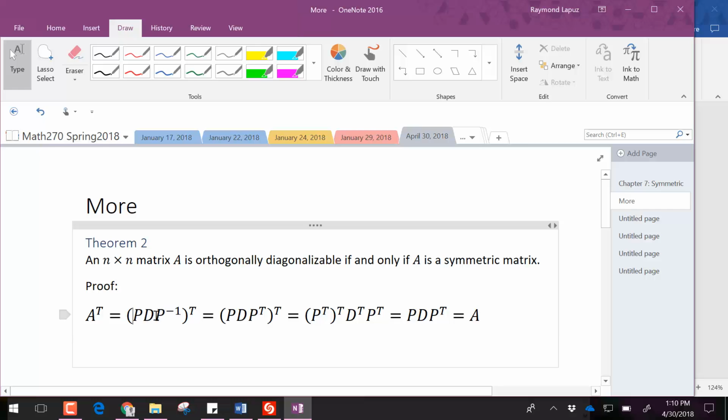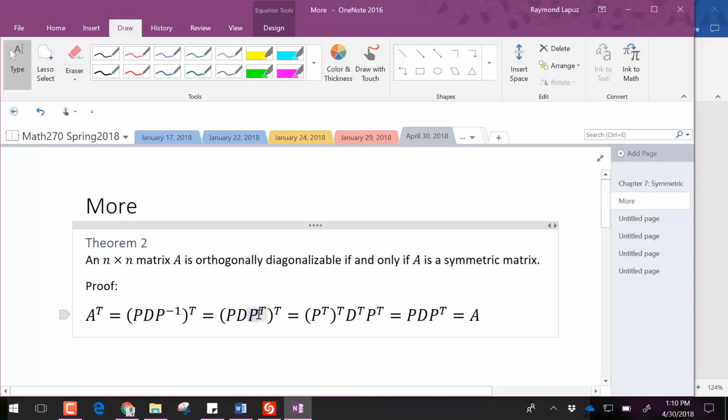To say that something is orthogonally diagonalizable means that PDP inverse is the same thing as PDP transpose. So if you want to take A and take the transpose of that, you would have the transpose of PDP transpose. And remember, for the transpose you switch the order of the multiplication and take the transpose of each one.